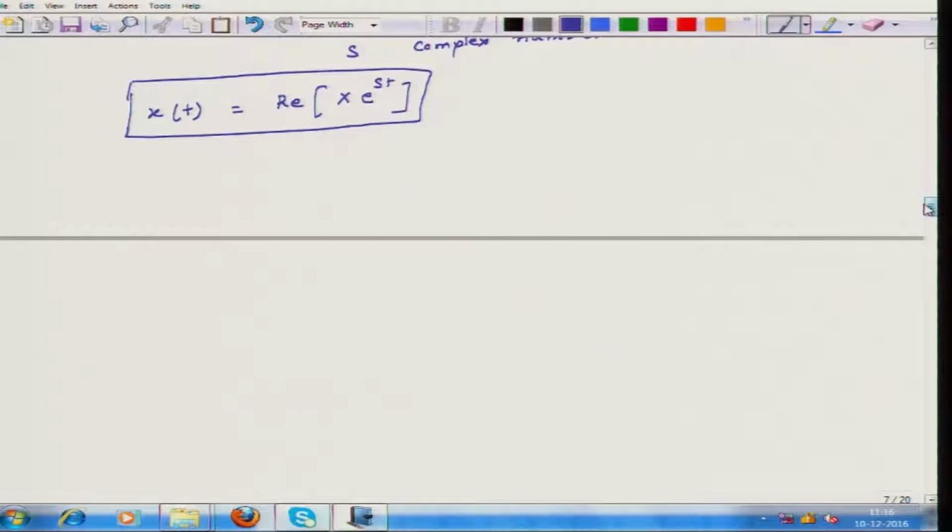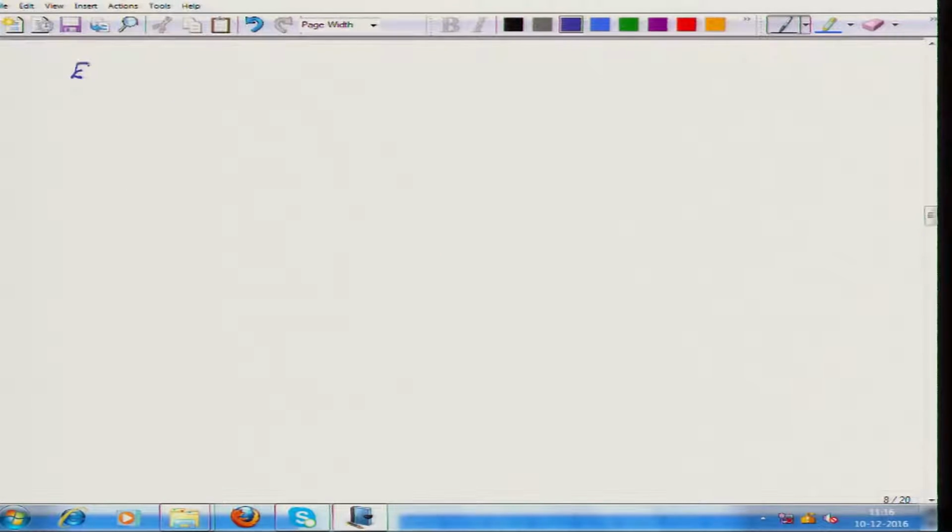Okay. Now, let us look at an example. As I said, x could be a complex number. In this case it is 5 e to the power of j pi over 4, and s equals -1.1 plus 5j.